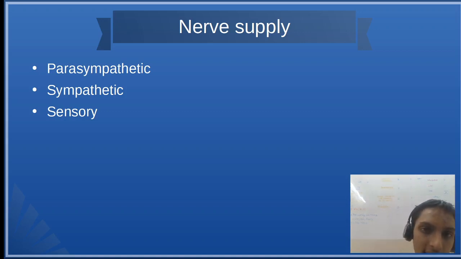For parasympathetic, I'll tell you the way: lacrimatory nucleus, 9th nerve, Jacobson nerve. Please write down this flow chart, it will be very easy. First please write down lacrimal nerve, 9th nerve, Jacobson nerve, tympanic plexus and lesser petrosal nerve relays into the otic ganglion. This is for parasympathetic.